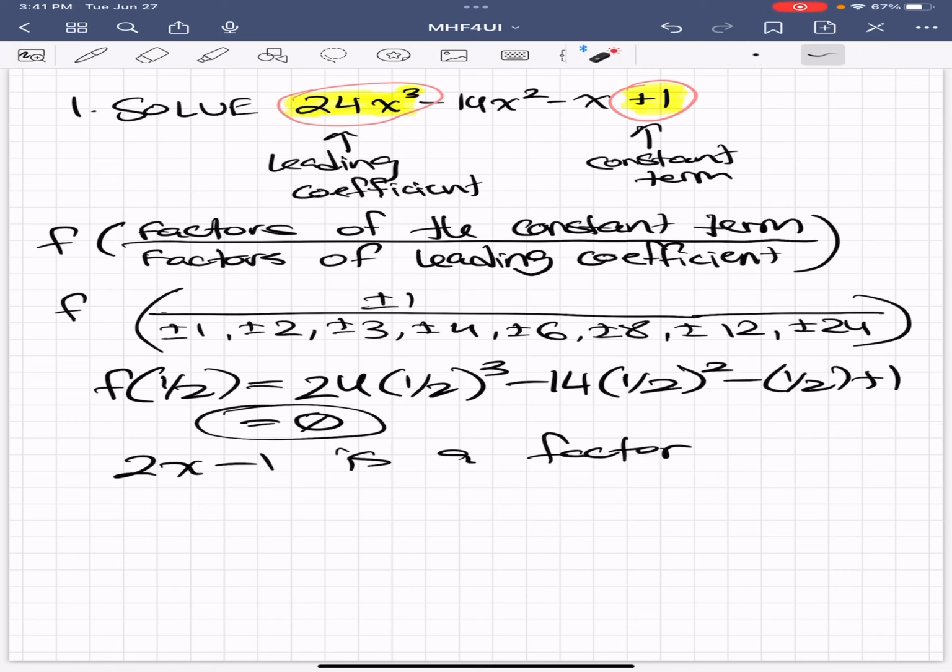So we used 1 over 2, and 2x minus 1 is a factor because the remainder is 0.